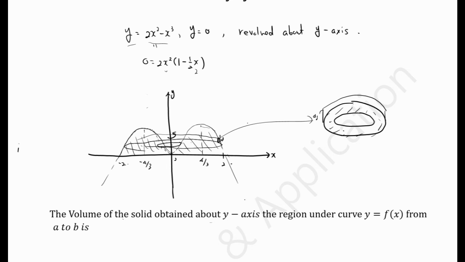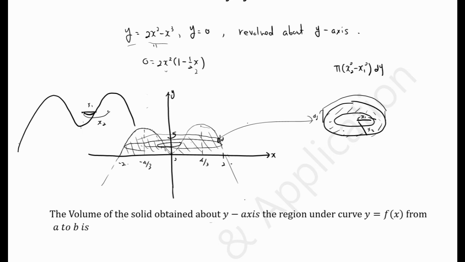The area is, this is the radius of the small circle, x1, and this is x2. The cross-section area is pi times x2 squared minus x1 squared.